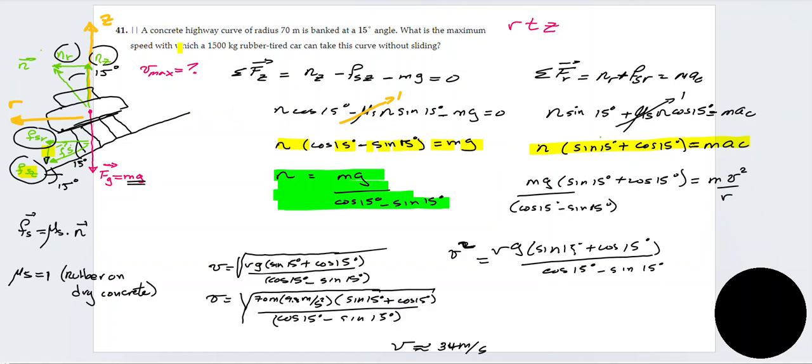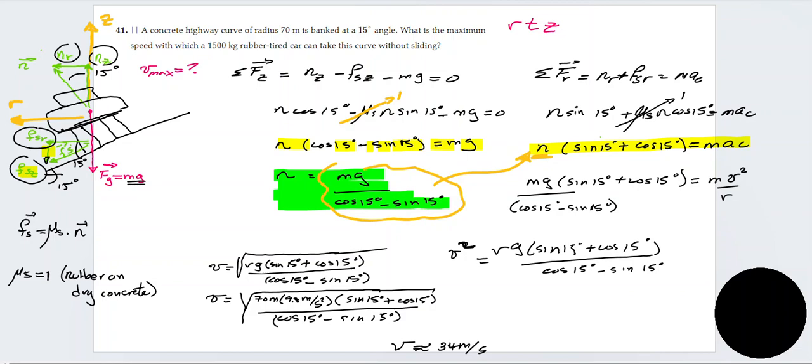Now we're going to take this expression we have here for the normal force, and plug it into this other equation. So we're going to replace this normal force by the expression mass times gravity divided by cosine of 15 degrees minus sine of 15 degrees.